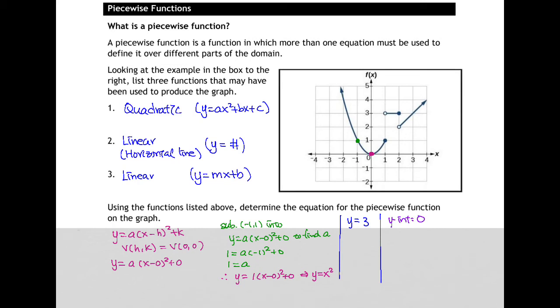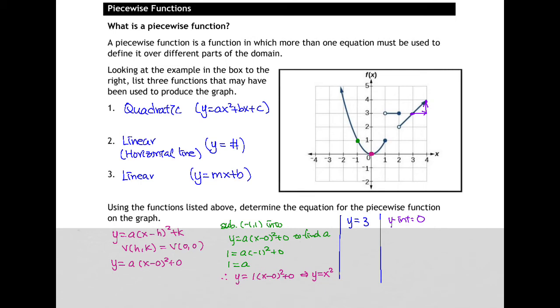Next, we're going to find the slope. In order to find the slope, you can choose 2 points on the line and make a right triangle. After we find the y-intercept, the next one is to find the slope. So you can use 2 clear points on the line and make a right triangle to find the rise and the run.